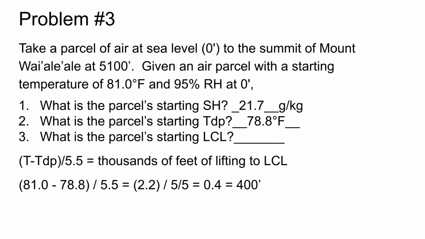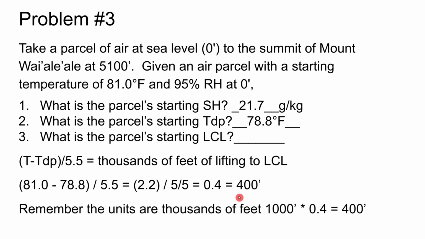So it's got to cool 2.2 degrees from 81 down to 78.8. 2.2 divided by 5.5 gets 0.4. That's thousands of feet. So 0.4 thousand feet or 400 feet. It's already rounded for us, so we don't need to do anything. The units are thousands of feet, so 1,000 times 0.4 is going to be 400. The lifting condensation level is going to be 400 feet.